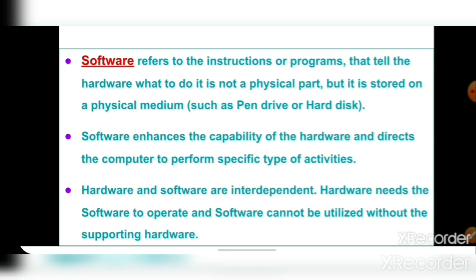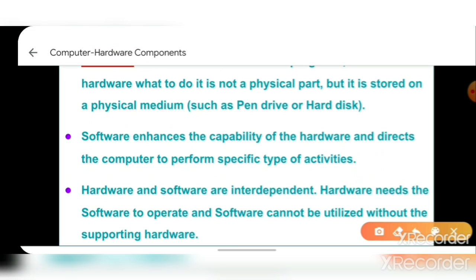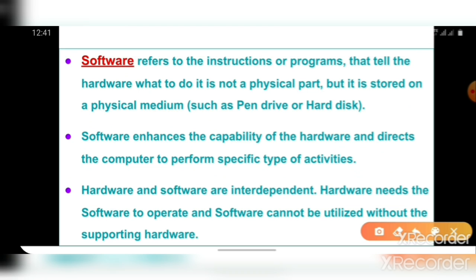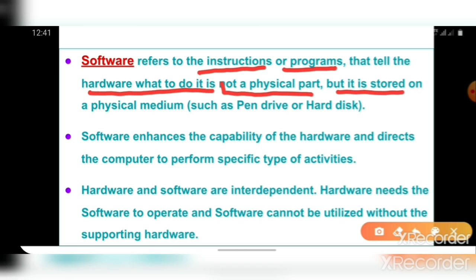What about software then? Let's briefly take a look at what software is. Software refers to the instructions or the programs that tell the hardware what to do. Software is not a physical part, but software is stored on physical media such as a pen drive or hard disk.